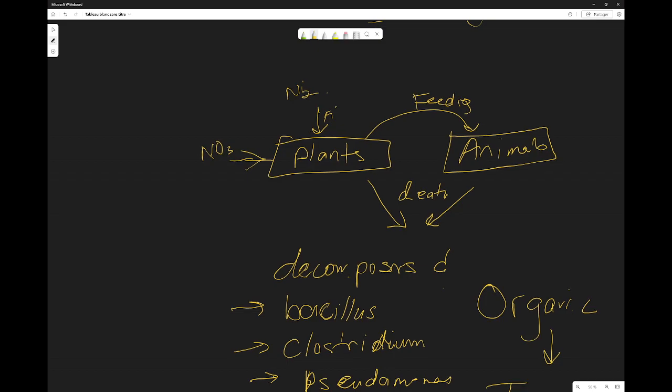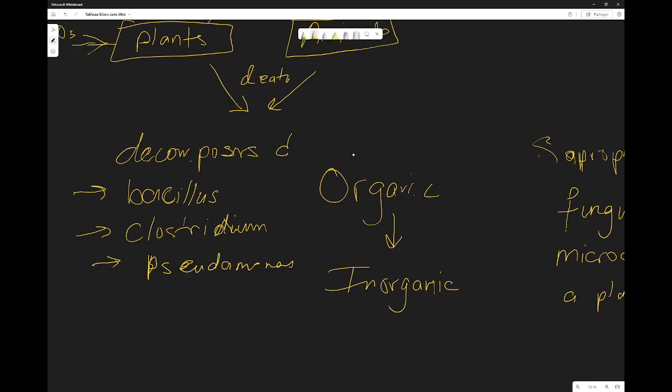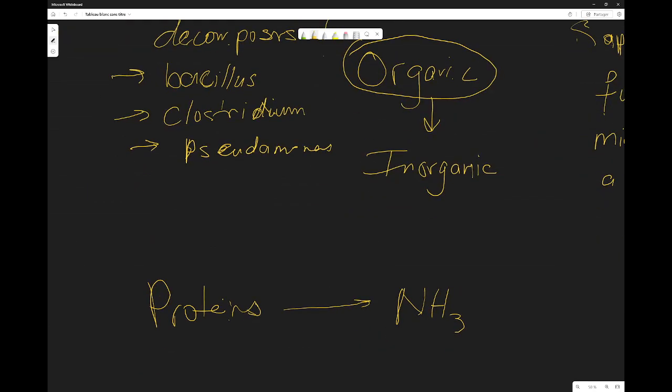So decomposers would consume the organic matter, and the nitrogen contained within it, from the proteins in the organic matter, would be broken down and converted to ammonia, which will then exist in solution as ammonium ions, hence ammonification.